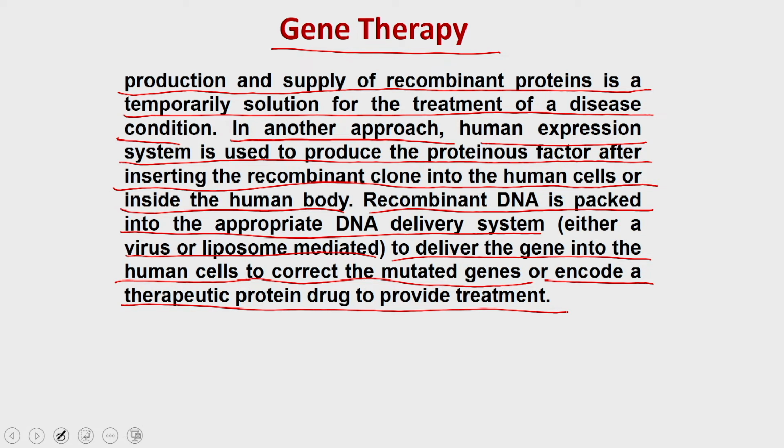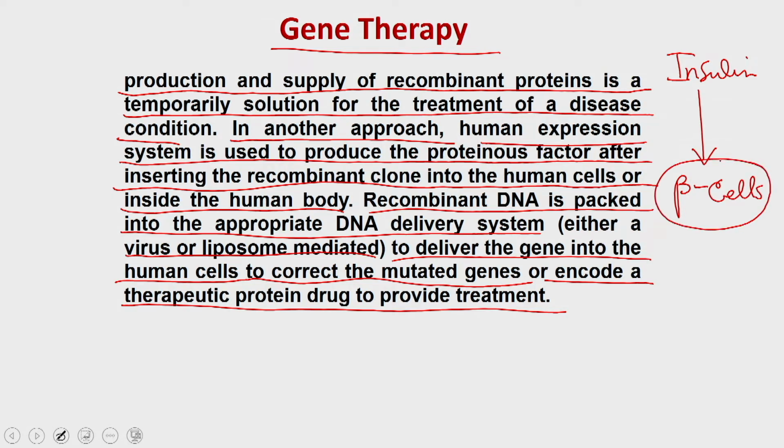When you talk about delivery, it is also important that you deliver to a specific cell. For example, if we are talking about insulin, we have to deliver these recombinant clones to the beta cells, because beta cells are the cells which are actually trained to produce insulin. We cannot produce insulin in muscles or in the brain, because that is not the purpose of these cells.